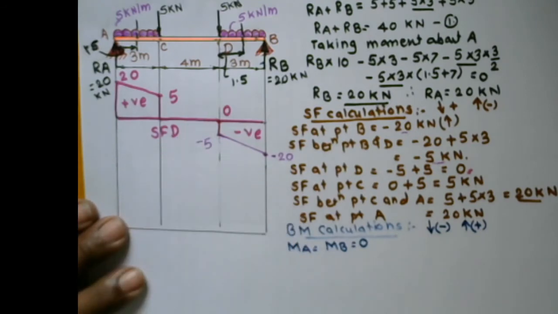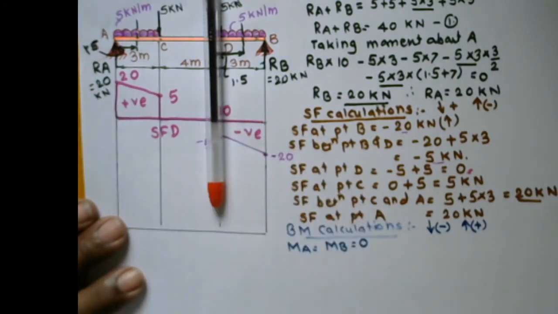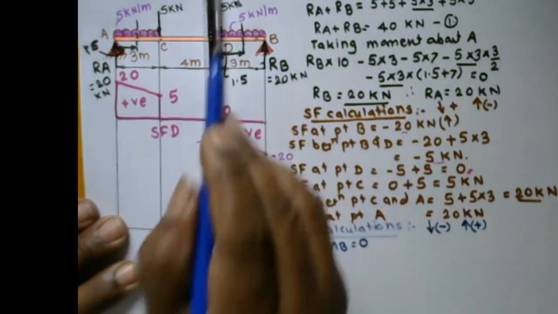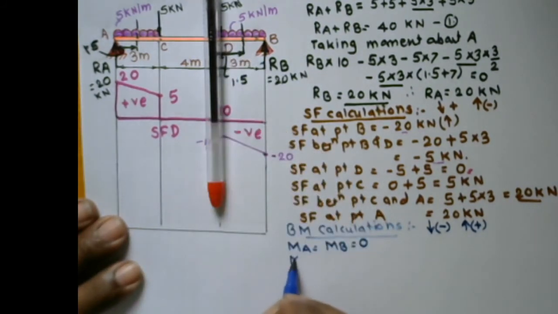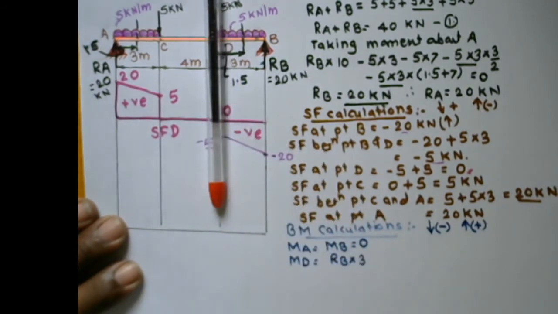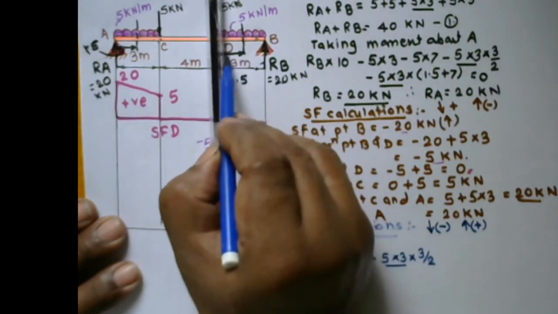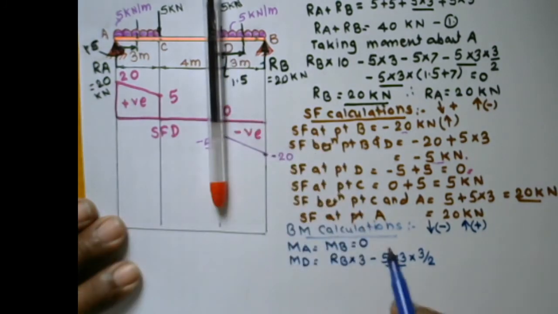Now come to point D. At point D, on the right hand side, RB is acting as well as the UDL. So we have to calculate bending moment at point D, which is equal to RB into its distance up to the point D, 3 meter, minus UDL 5 into 3, that is the UDL rate, and the UDL is acting at the center of the span, so that is 1.5 meter.